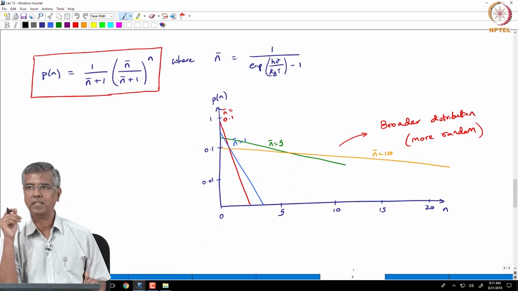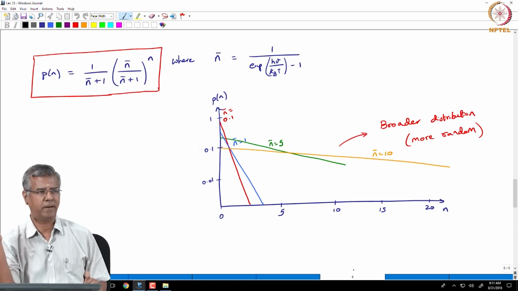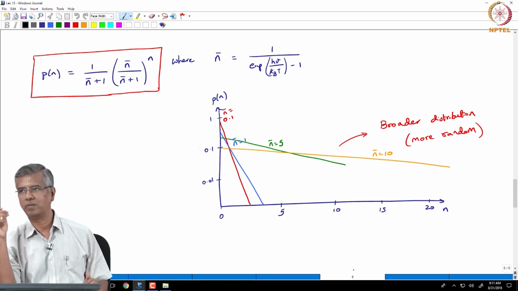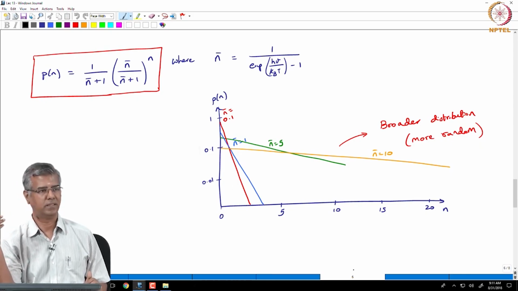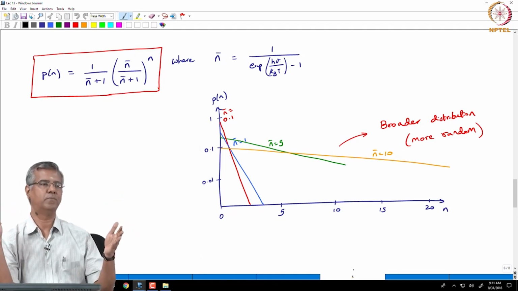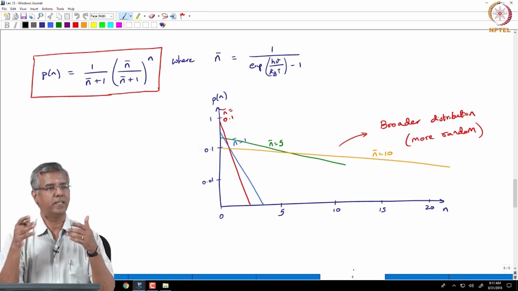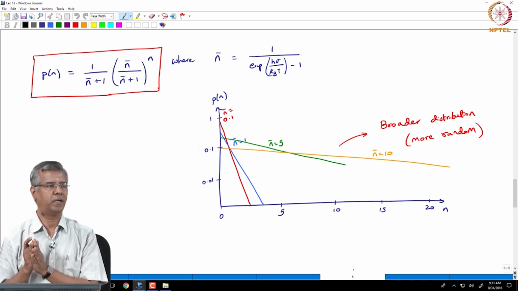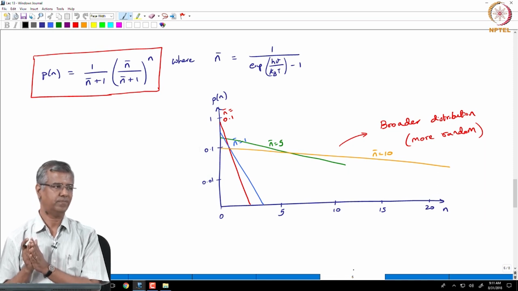So in other words, this LED, a spontaneously emitting source, is a pretty random source, but we are seeing a constant intensity from that. Why is that? Because our eye is actually averaging everything over a millisecond time scale. Over that millisecond time scale, it is as if n bar equals 10, right?